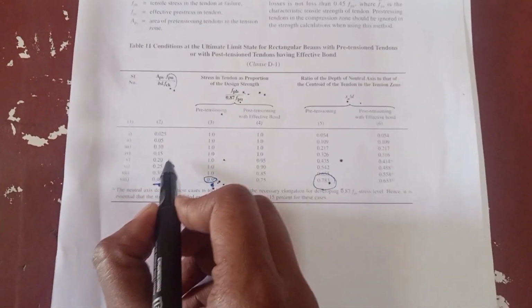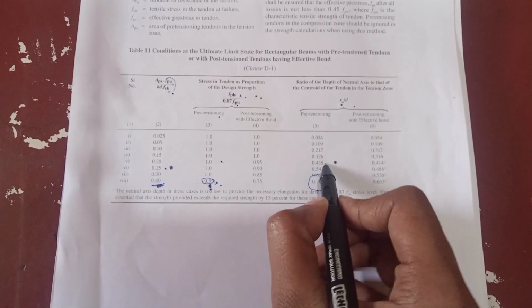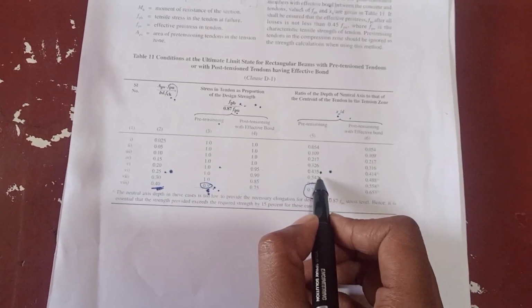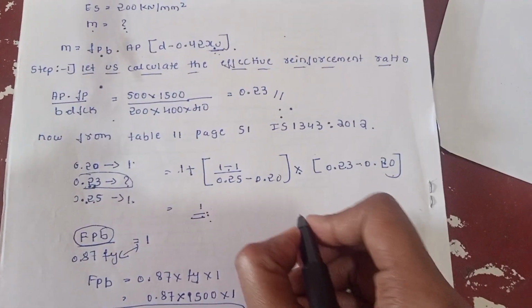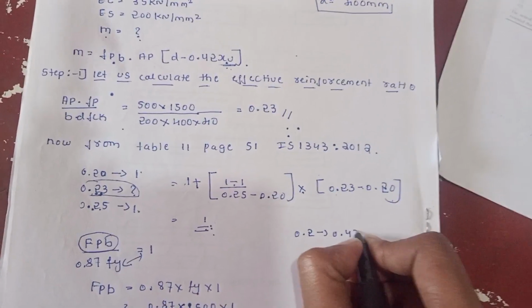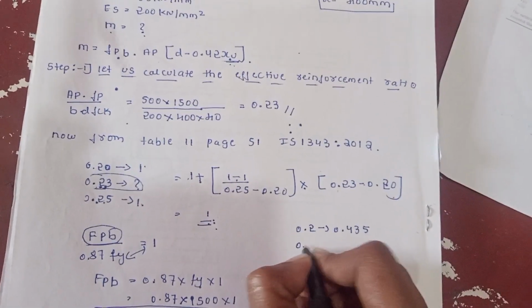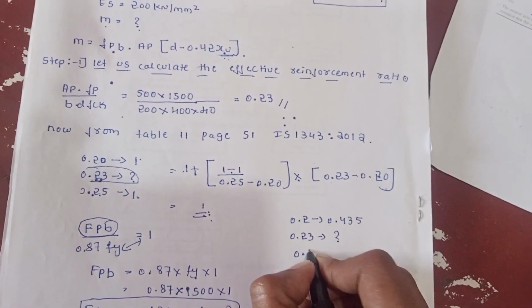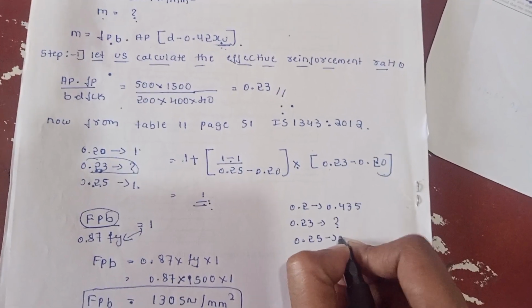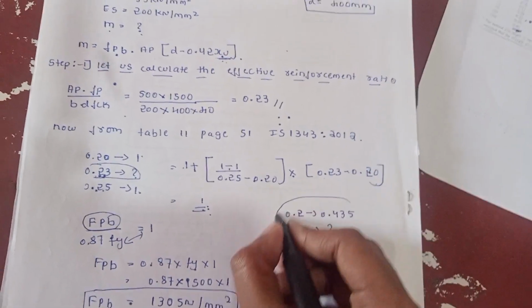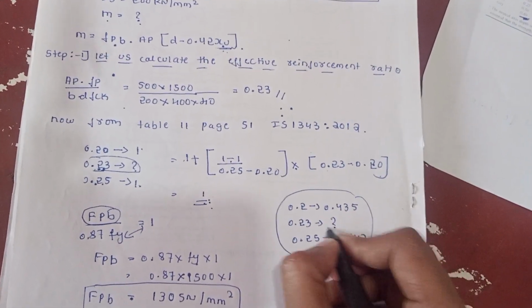For 0.20 the corresponding value is 0.435, and for 0.25 the corresponding value is 0.542.